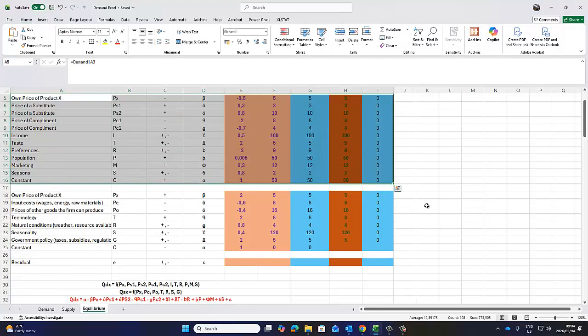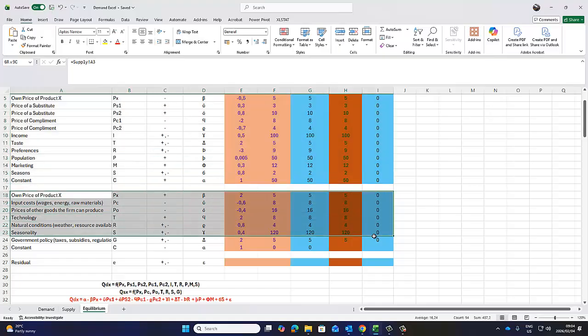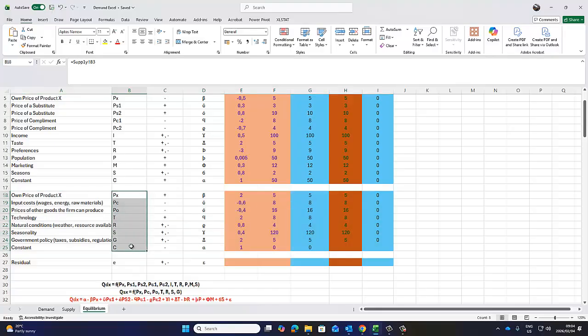And then I have my supply side: own product, input cost, prices. There's the abbreviation, the signs, the symbols. There's the coefficients with the sign and the value. There is the value of the variables, and there is the value of the variables in the derived format, and that's a change in the variables.